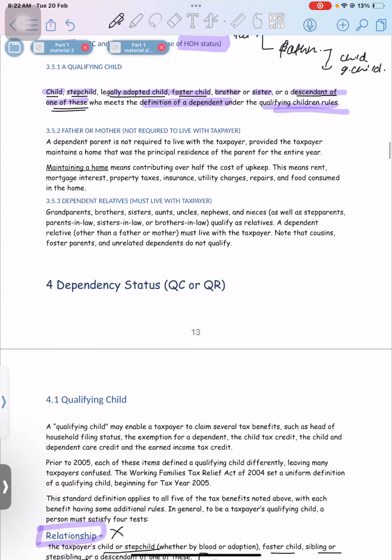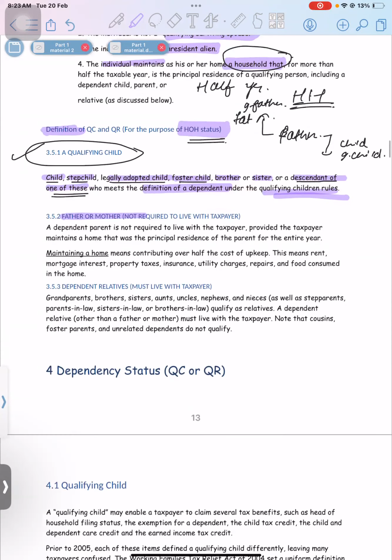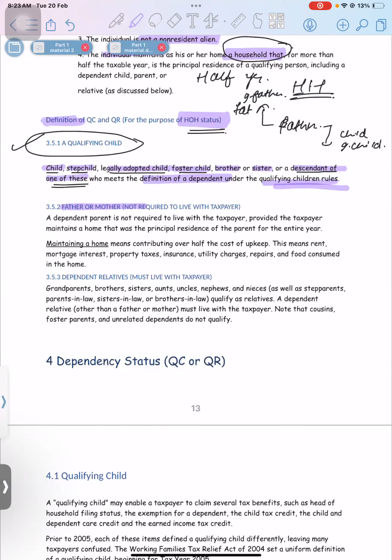In the case of HOH, you have to check for a qualifying child. If yes, you can claim him or her as a dependent, and if the person is a dependent, you can go for HOH status. If the mother or father is claimed as a dependent, you can also go for HOH. But for that, the residence test is not in the picture.